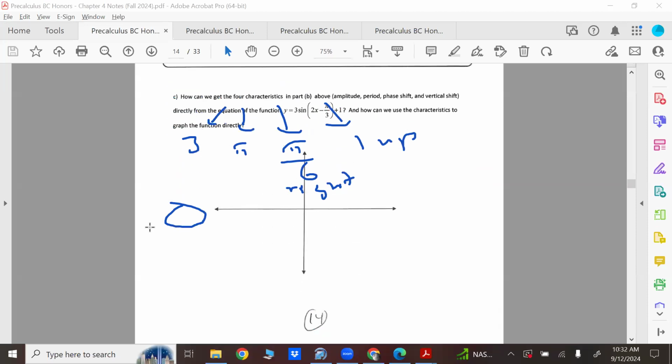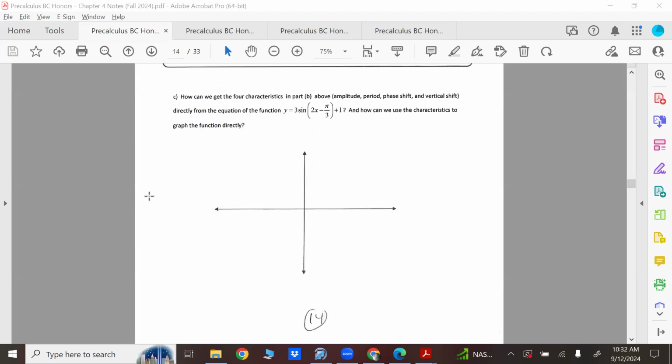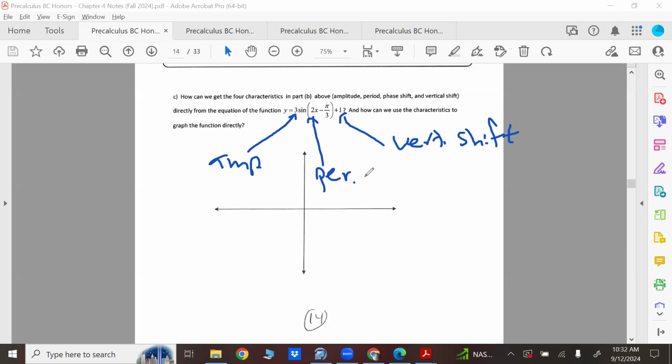Okay, I'm not going to graph that again. But the question is asking, how can you get the four characteristics from the equation itself? Well, that's your amplitude. That's your vertical shift. The period P equals 2 pi over b.